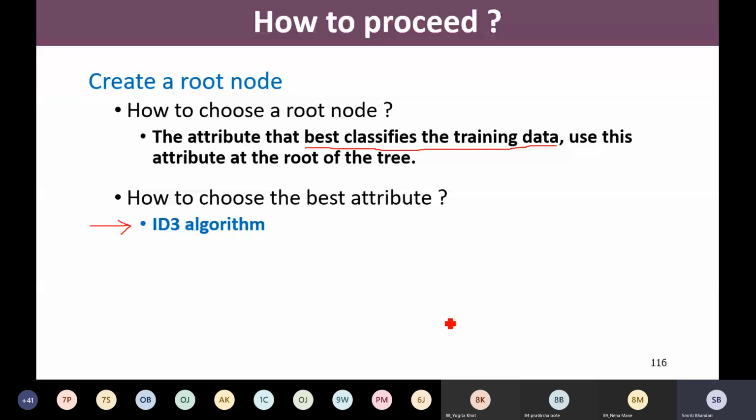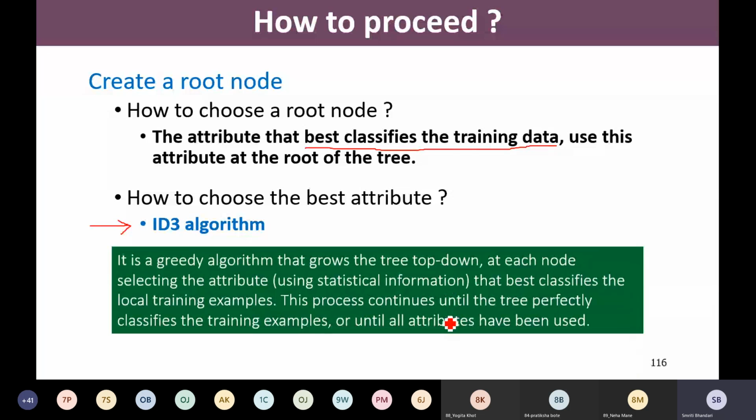You should understand the algorithm. So please note down the algorithm in your notebook, because we want to apply it later to solve the problem. So how to choose the best attribute? We have the ID3 algorithm for that. So what is this ID3 algorithm?